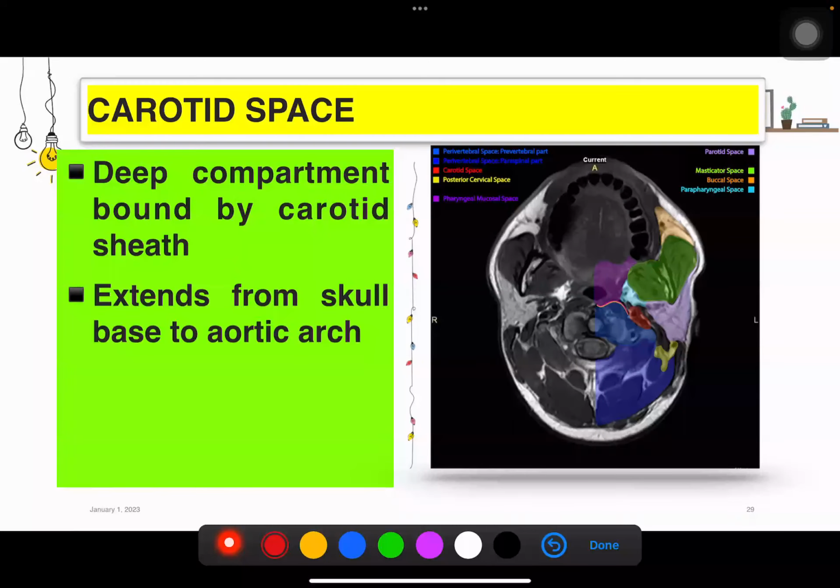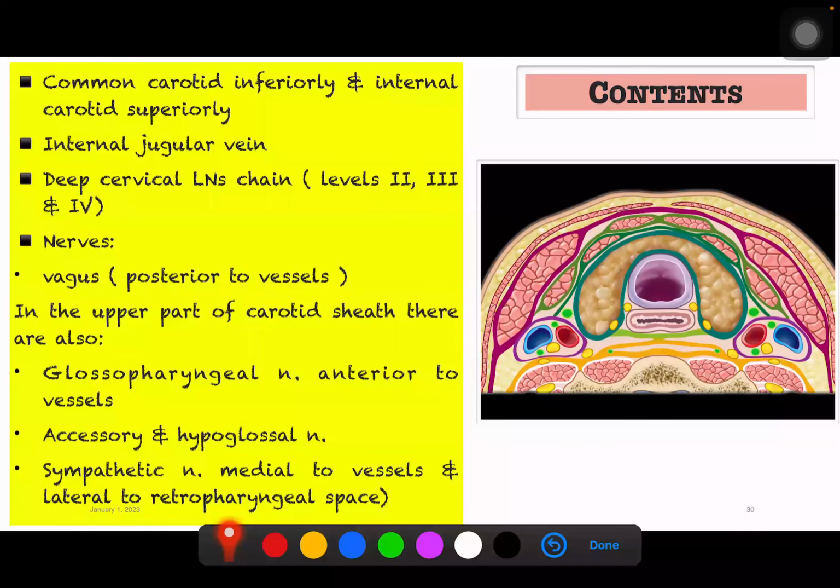Regarding its contents, the common carotid inferiorly and the internal carotid superiorly, which is medial and smaller, the internal jugular vein, which is larger and lateral, and the same nerves that emerge with the internal jugular vein from the jugular foramen in the posterior cranial fossa, which are the glossopharyngeal, which will be anterior to the vessels, the vagus, which will be posterior to the vessels, and the accessory nerve.